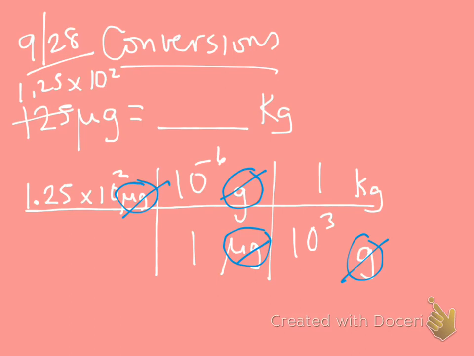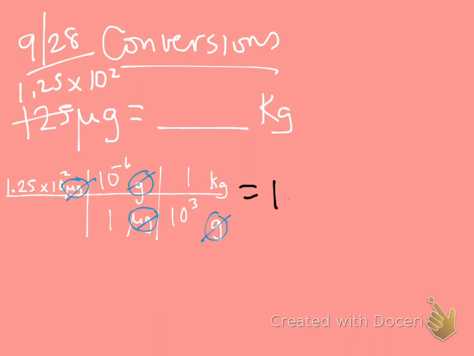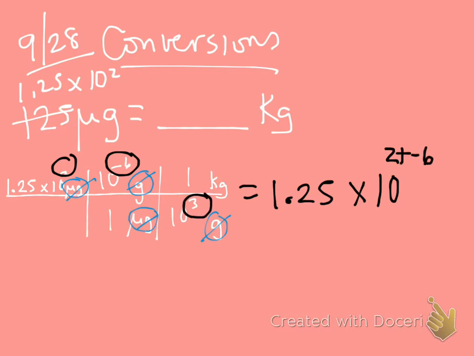Okay, so now let's do the math. That gives us 1.25 times, well, it was 10 to the second. We're adding negative sixth plus negative sixth, and we're subtracting 3. And I always write those down because you're going to have a long chain of them.